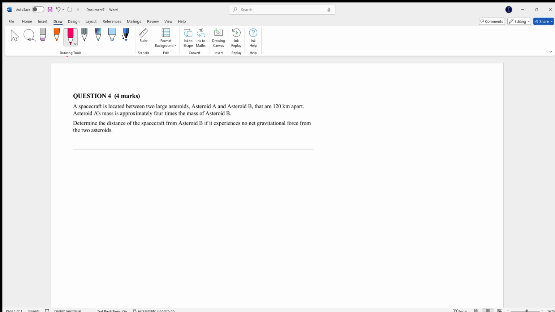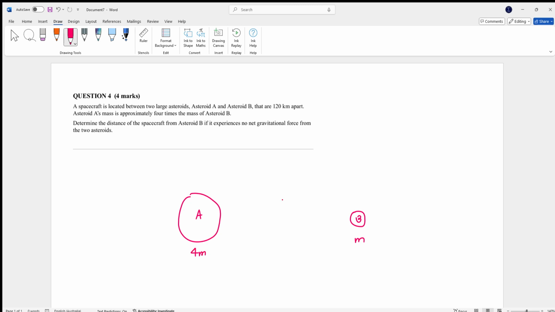Okay, so this one here, first of all, let's understand the situation. You have asteroid A and asteroid B. Asteroid A's mass is 4 times the mass of asteroid B, so let's say this is the mass, and this is 4 times the mass, okay?